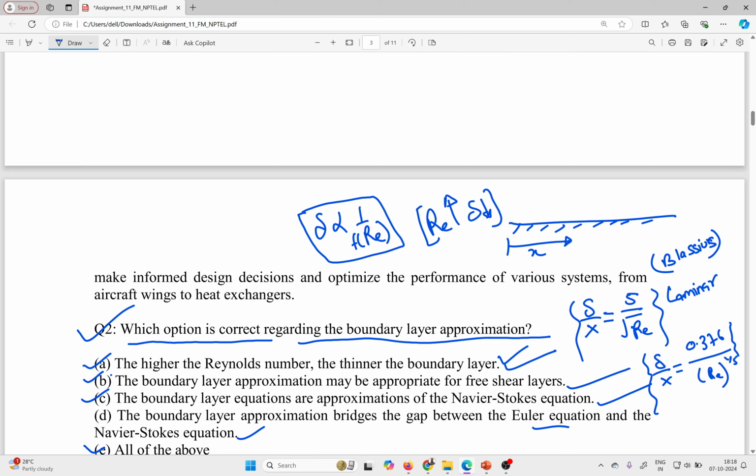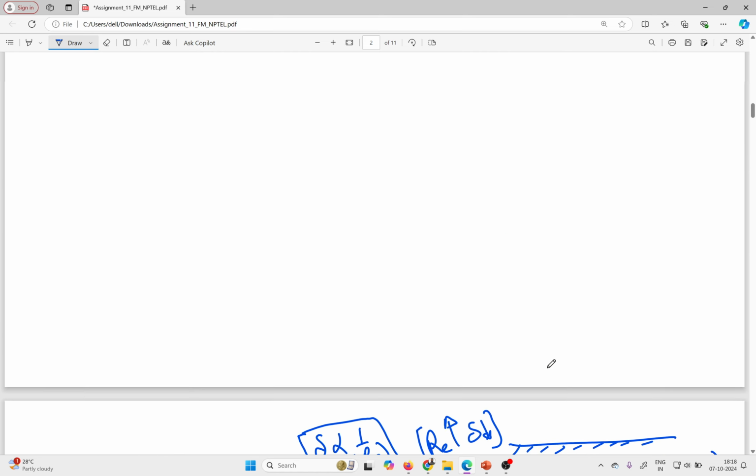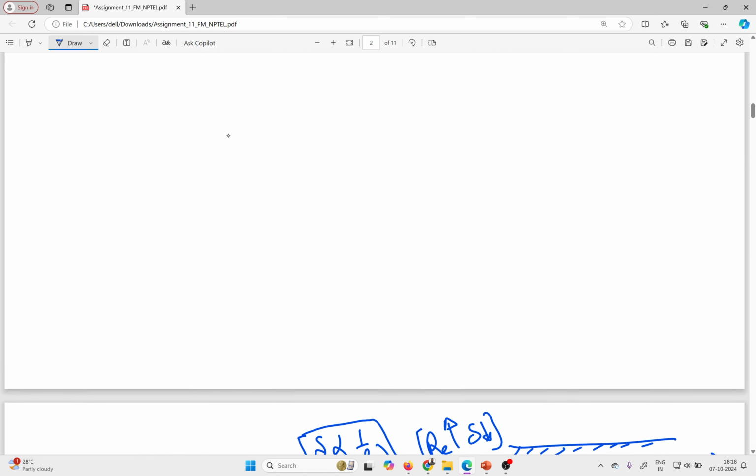First we try to understand what shear layers are. Shear layer is nothing but, if I try to explain in terms of open channel, you will understand very easily here.